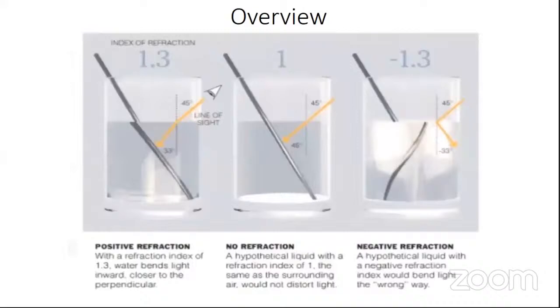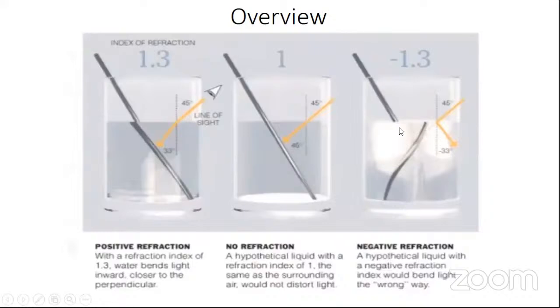Even in this slide, you can see how refraction takes place in a liquid with a positive refractive index, shown in figure A, with a refractive index of 1, shown in figure B, and with a negative refractive index, shown in figure C. Here there is a positive refraction, and hence the needle in the liquid can be seen like this. This is called positive refraction, whereas when you compare with figure C, the negative refraction can be treated as the backward propagating wave.